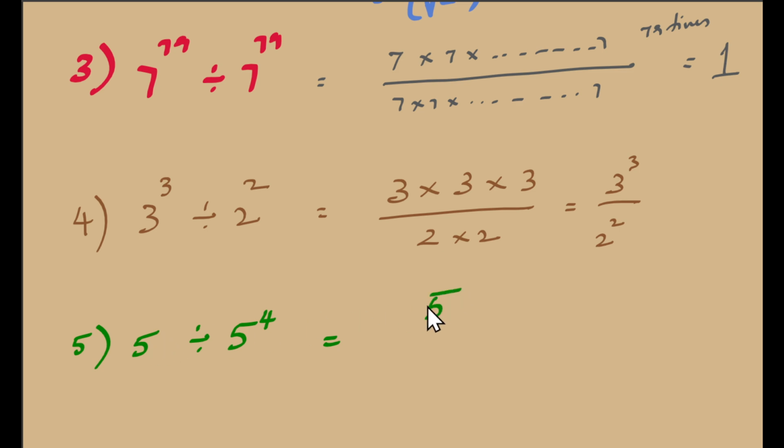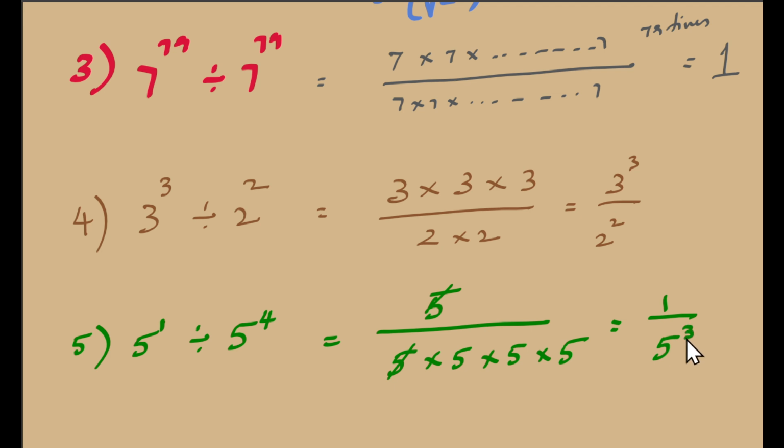Since I am multiplying 5 just one time, I can write it as 5 raised to the power 1. And in the denominator you have 5 into 5 into 5 into 5, 4 times. So one 5 gets cancelled, and ultimately we are left with 5 raised to the power 3, or 5 cube, in the denominator. So 1 by 5 cube is the answer.